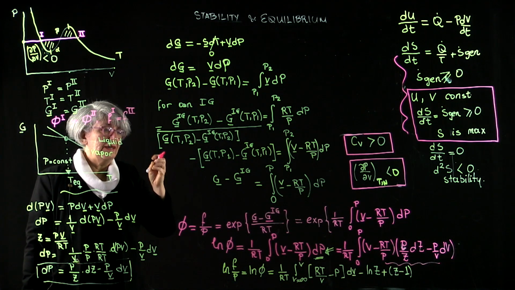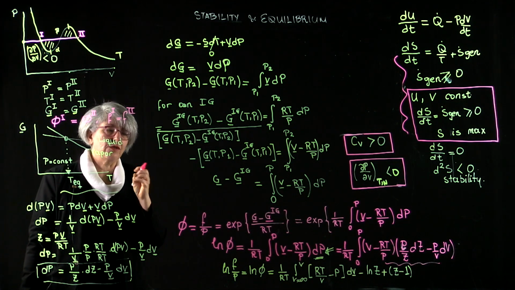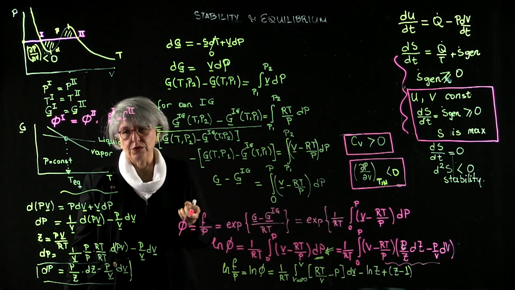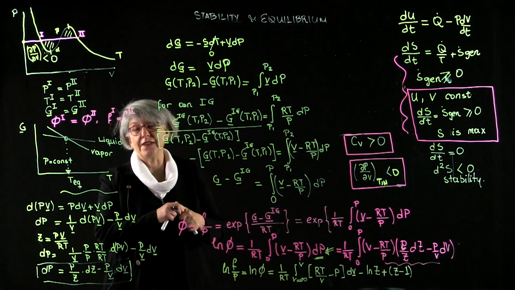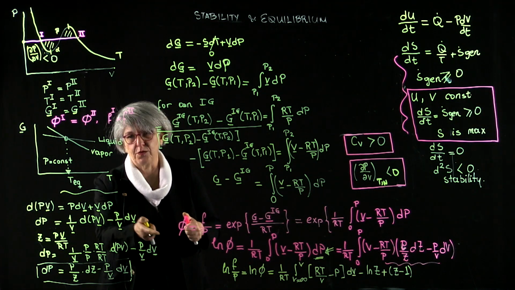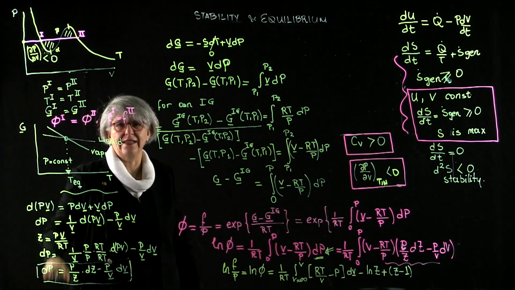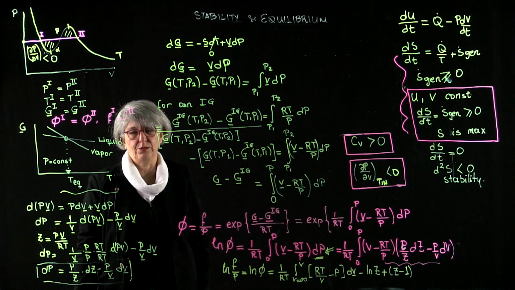And now having one equation of state, which is explicit in temperature, pressure, and volume, which is a function of temperature, pressure, and volume, allows me to estimate a vapor-liquid equilibrium.